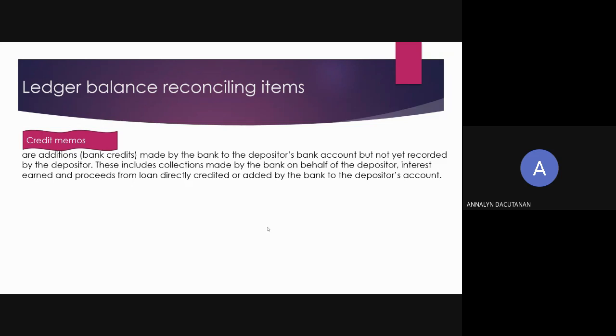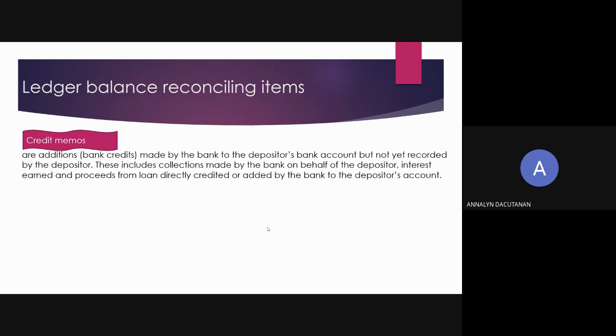Malalaman lang ni ledger account or ni company yung mga collections na yon once na pinrovide na ni bank yung bank statement. Makikita na ngayon ni company na, uy, ang daming payments. And in order to reconcile it, i-add niya ngayon sa cash balance niya per ledger yung mga payments received from the customers. Pwede niya rin tingnan yung mga screenshots, di ba?